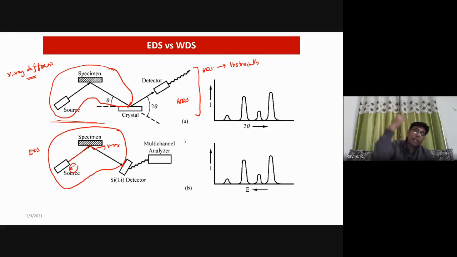WDS was there even before that, maybe in the 50s, 60s, while EDS maybe in the 70s or 80s. I do not know exactly when people started using EDS in the SEM, but WDS is an older technique, and it has its own problems.